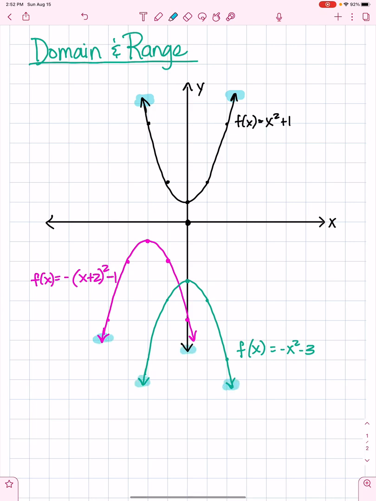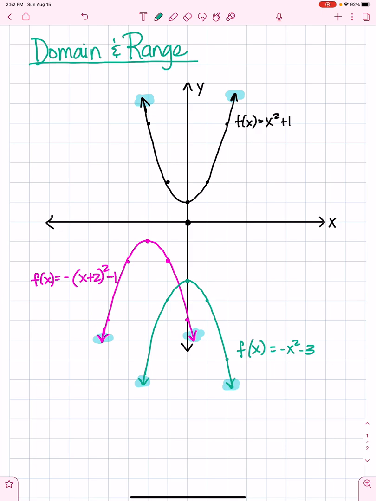And when we say forever in math, oh, I highlighted the y-axis instead of the arrow, okay. Anyway, when we talk about forever in math, what we're actually talking about is infinity. So you probably remember hearing that over and over again. So all of these parabolas, either in their domain or range, go off forever into infinity.